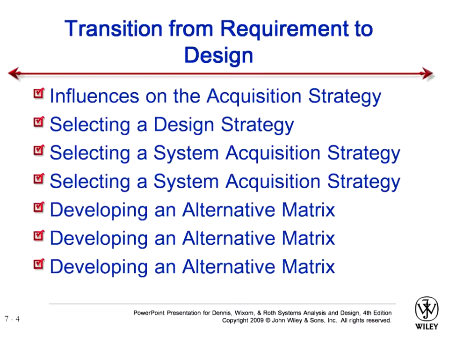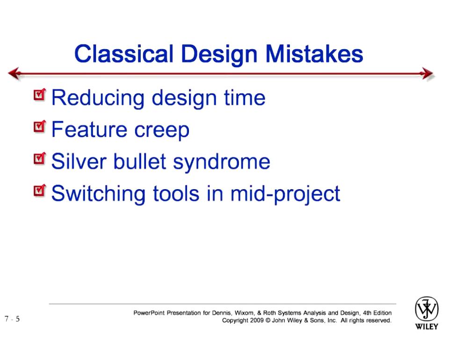Now we transition from the requirements to the design phase, which influences the acquisition strategy, in which we first select the design strategy, then we select the system acquisition strategy. Then we develop an alternative matrix.